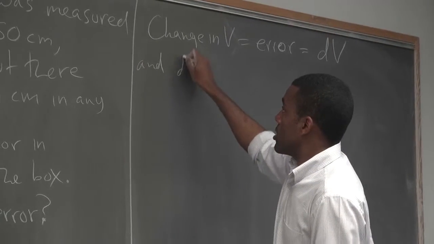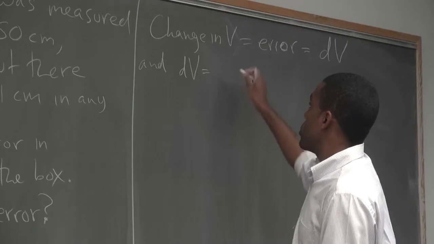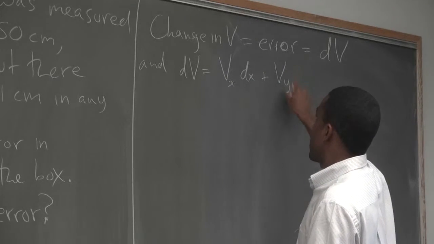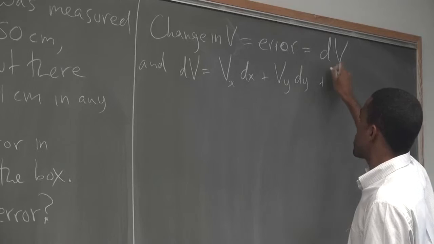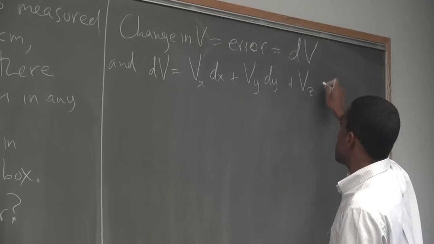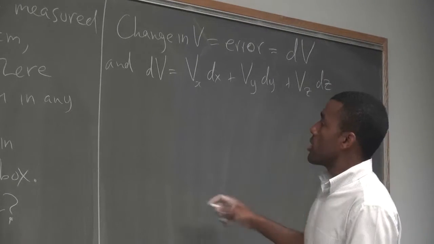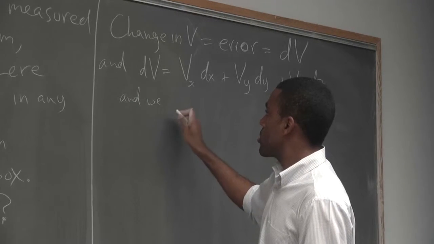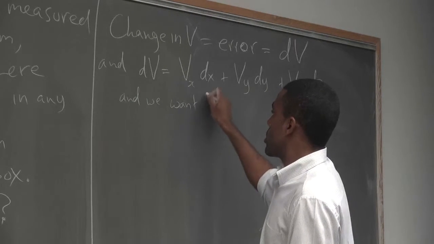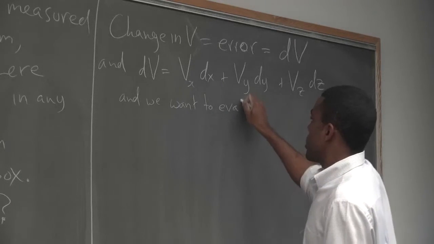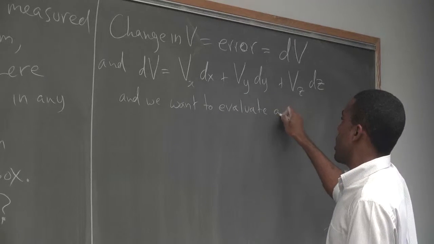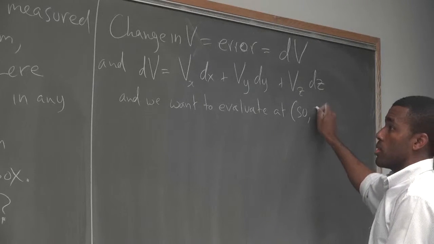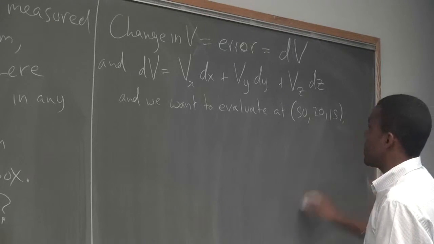And dV is equal to V_x times dx plus V_y times dy plus V_z times dz. And we want to evaluate at the nice points, 50, 20, 15.